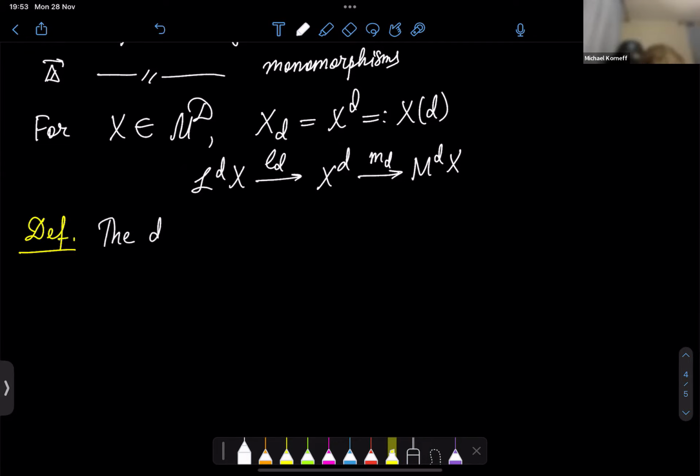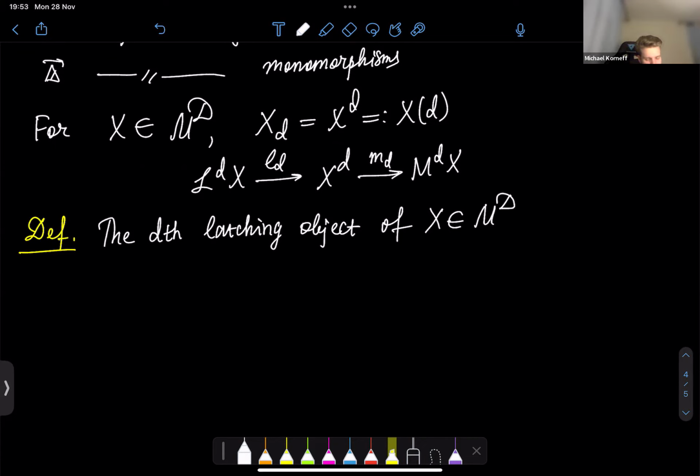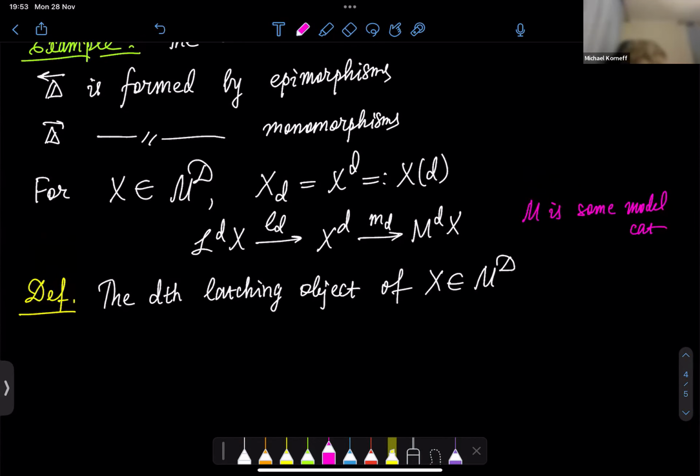The dth latching object of X. Now X is an arbitrary model category, and D, of course, is a Reedy category.